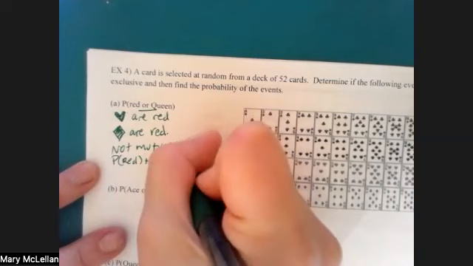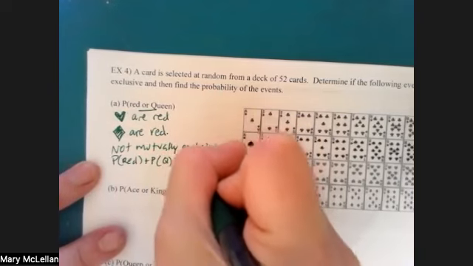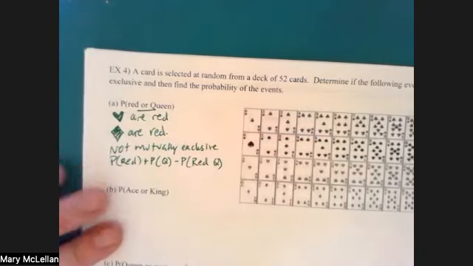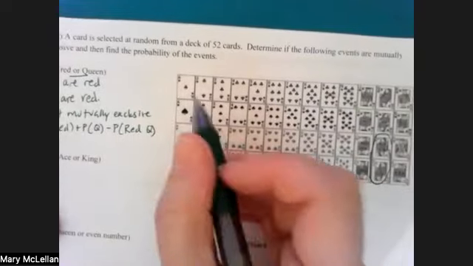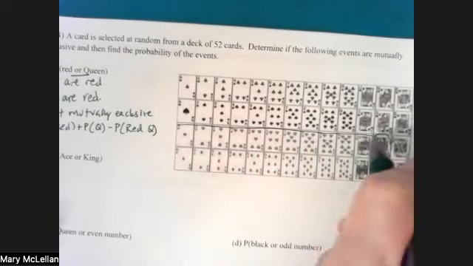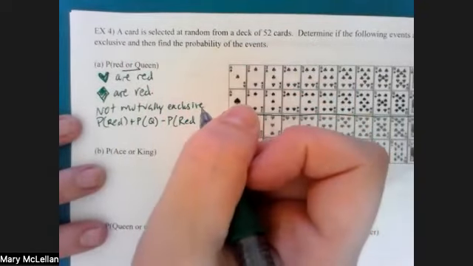And then that tells me that I need to use this formula: probability of red plus probability of queen minus the probability of a red queen. The probability that I'm red, well, there are 52 cards and half of them are hearts and diamonds. So the probability that you're red is 1/2.